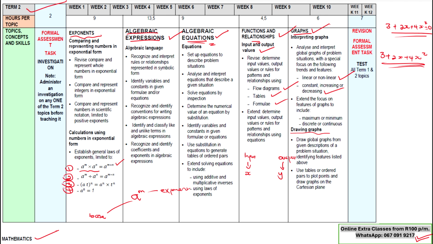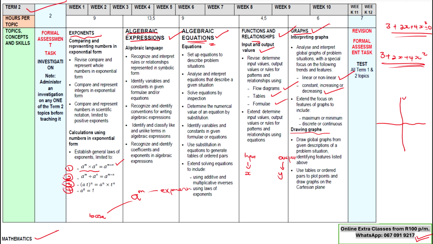So our Cartesian plane is our graph, right? So if we have something like this, it can be called our Cartesian plane. That's what they mean by Cartesian plane. So we should be able to draw the graph on our Cartesian plane.